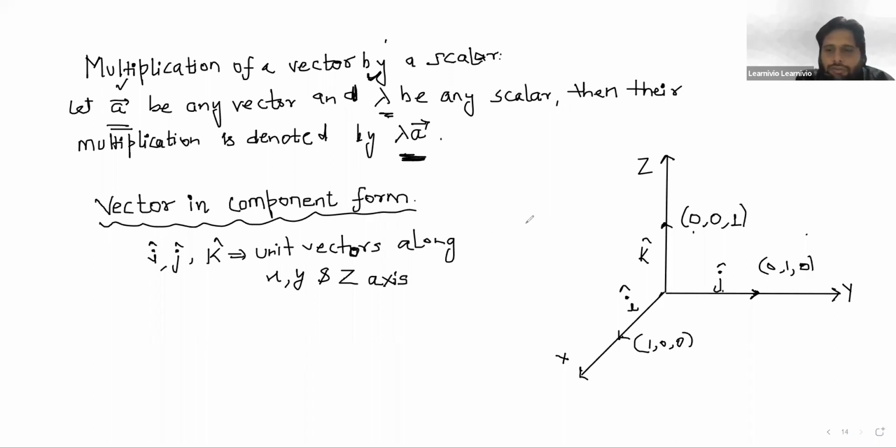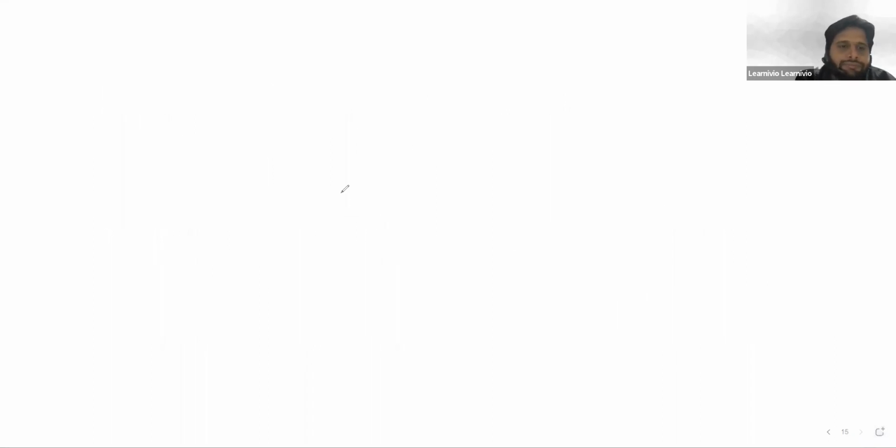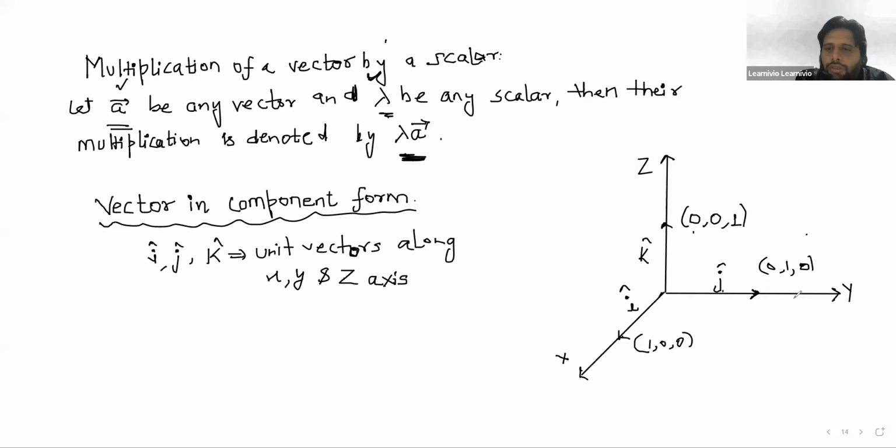Let me form a vector, then we will start questions. Now suppose you have a point here. Let this point be A, and its coordinates are x comma y comma z. We are forming this vector here.